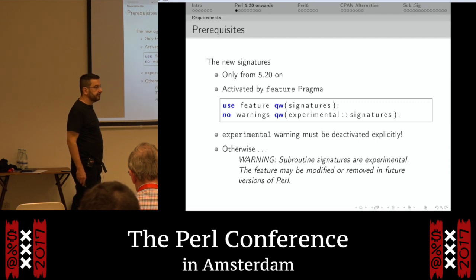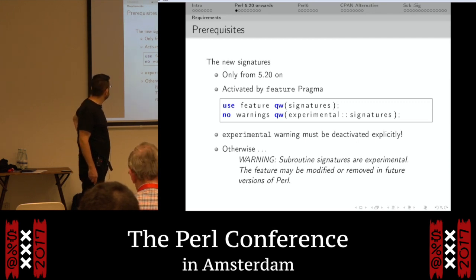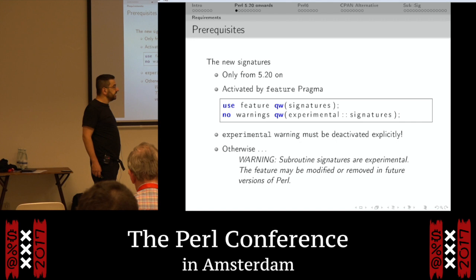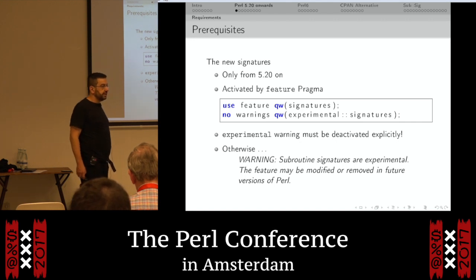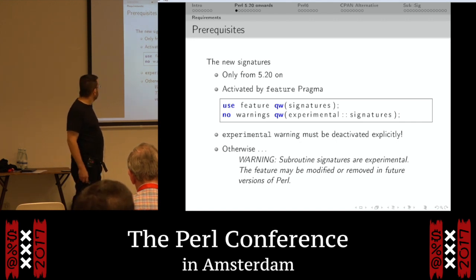It's still the case today that you have to activate the feature and deactivate the warning. If you don't deactivate the warning, you get: subroutine signatures are experimental. The feature may be modified or removed in future versions of Perl. That is at least the state I know from 5.24. Maybe they change it in 5.26, but I don't think so.